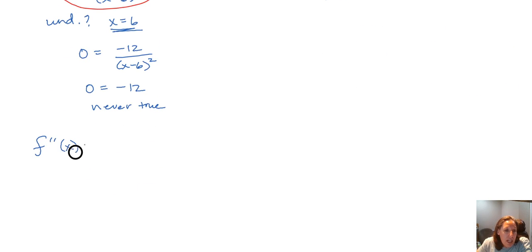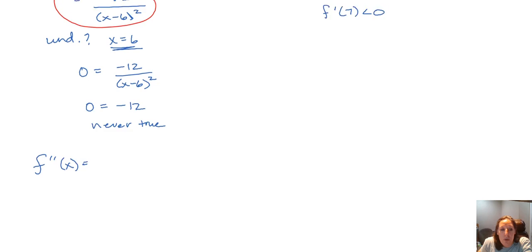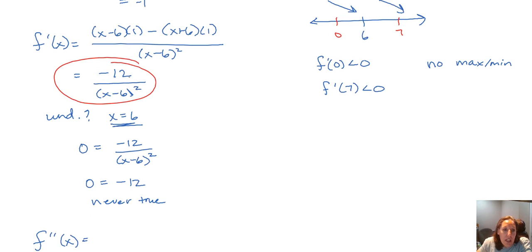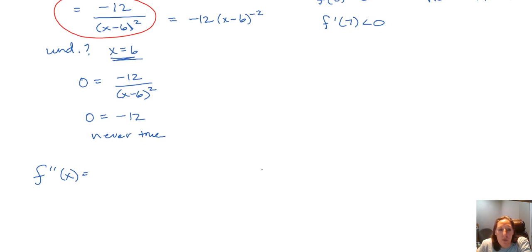So if we take our second derivative, you can either use the quotient rule again, but that numerator is a constant. So I'm actually going to rewrite my first derivative as negative 12 times x minus 6 to the negative 2 and use the chain rule instead of the quotient rule.